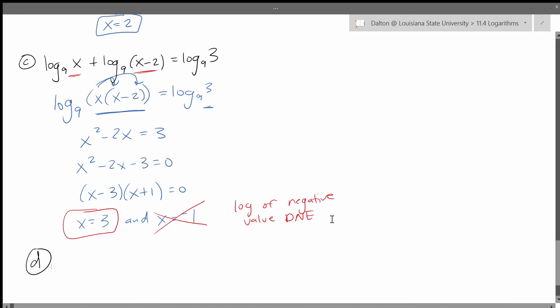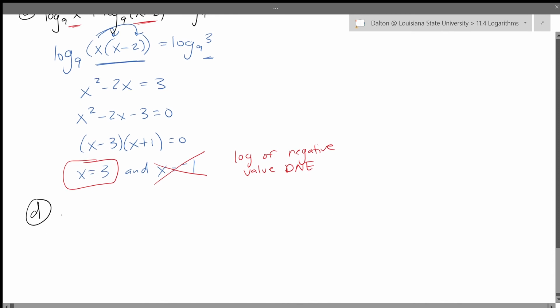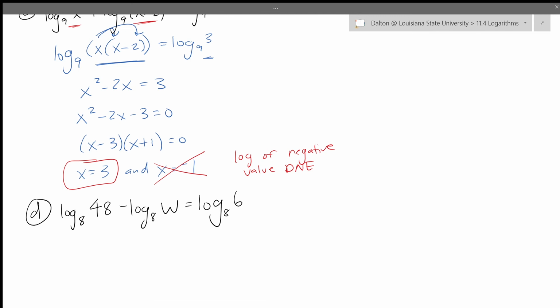Okay, last example. Log base 8 of 48 minus log base 8 of w equals log base 8 of 6. The operation to pay attention to here is subtraction.